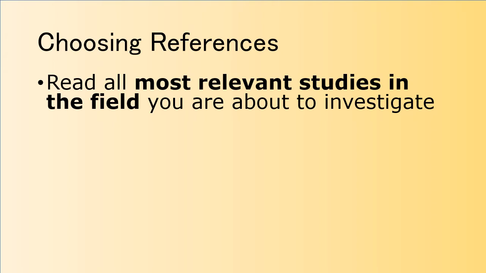If you are about to investigate Japanese language and you focus on grammar, you might consider reading first everything related to Japanese language and everything related to the grammar of Japanese. Again, you could later specify which kind of grammar you are interested in.